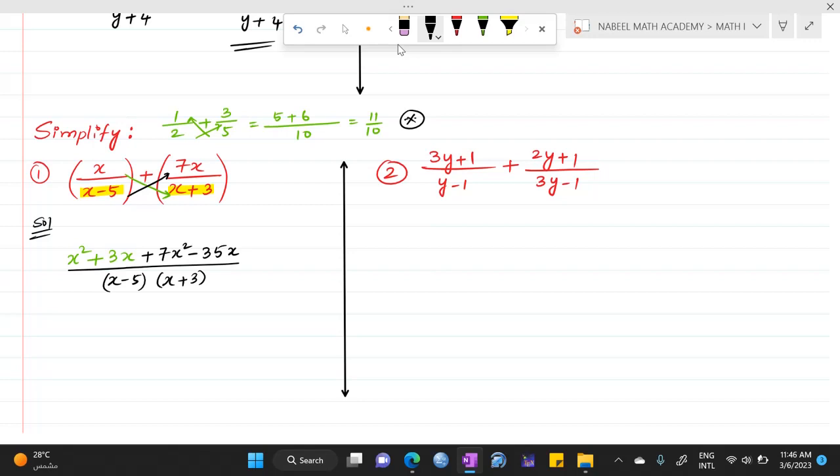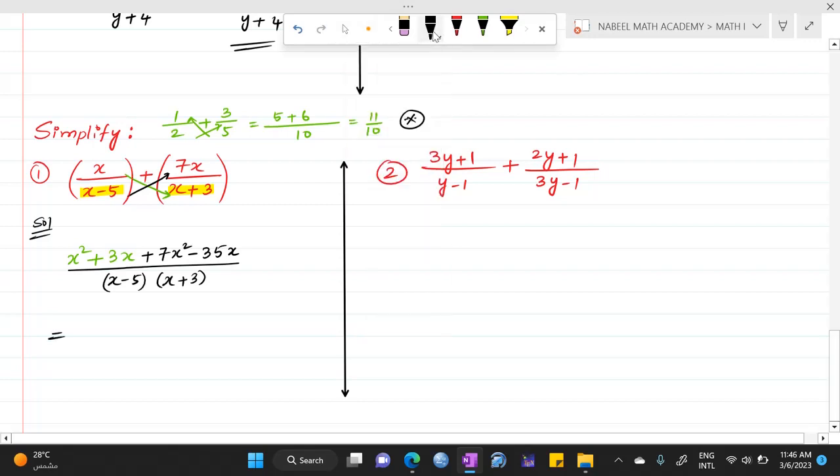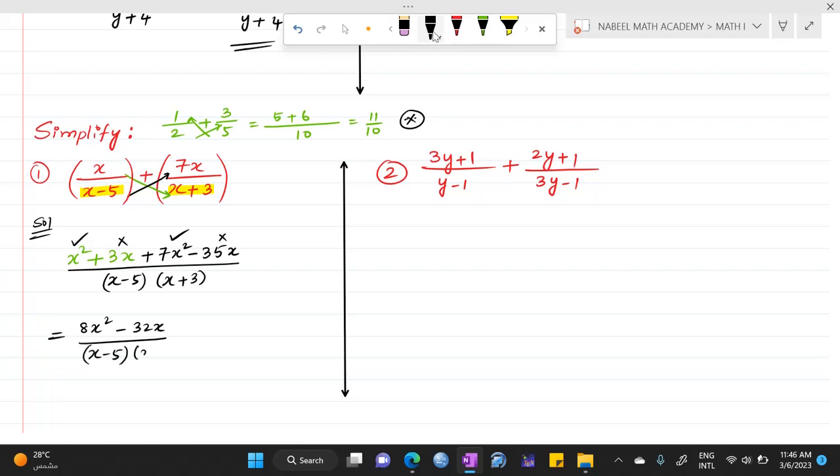Now simplify. We add the like terms. The square terms: 1 plus 7 is 8x square. And then the x term is minus 32x, over x minus 5 and then x plus 3.